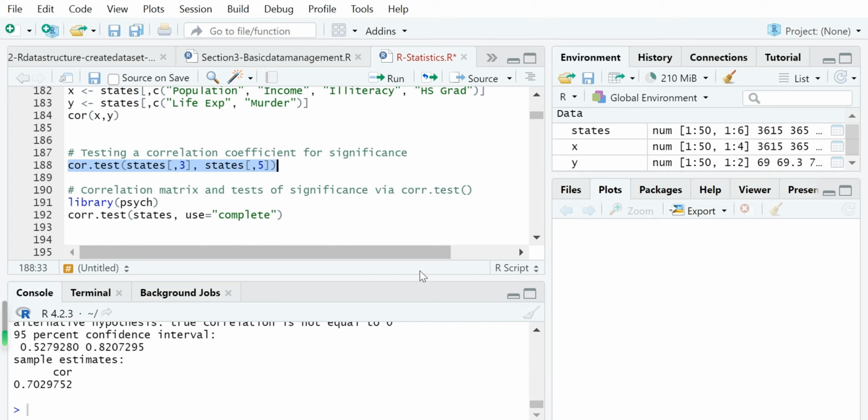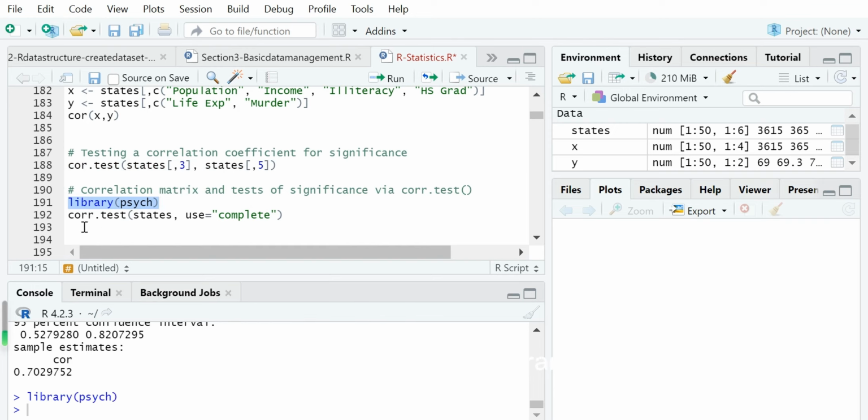Another alternative is to use the library called psych. Just load this library, then use the corr.test function, and you can use the option called complete.